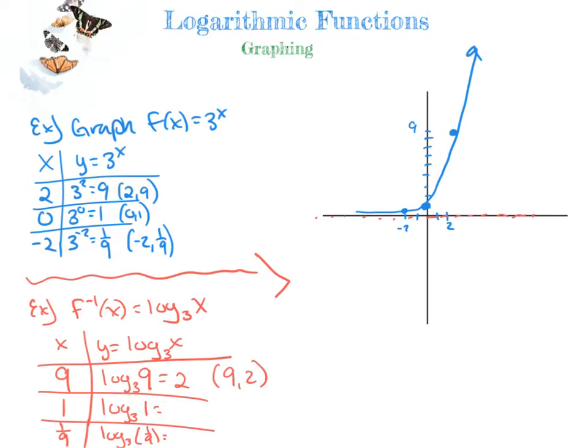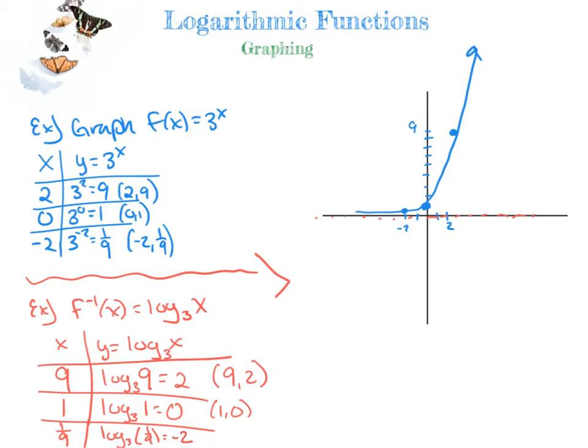Anytime you put 0 as an exponent, you're going to get out a 1, so my point is (1, 0). And finally, what's the exponent you put on a 3 to make 1/9? That is negative 2.